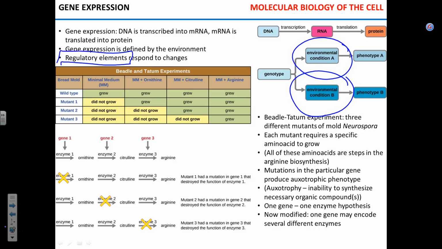Now, for a long time, there was a hypothesis of one gene, one enzyme. So first of all, you have DNA, right? Then it's being transcribed into the RNA, and RNA is being translated into protein. My analogy, which probably sucks as most of the analogies, does anyone listen to podcasts?